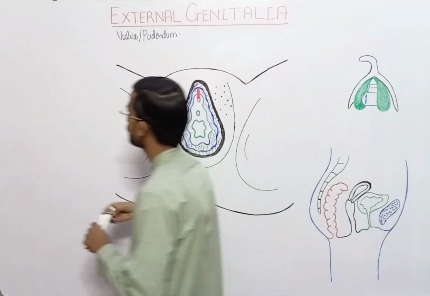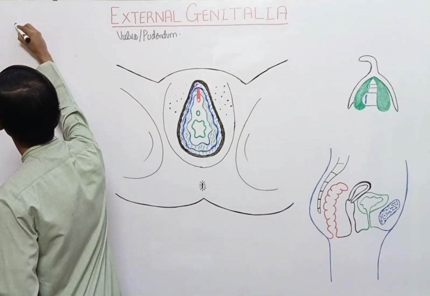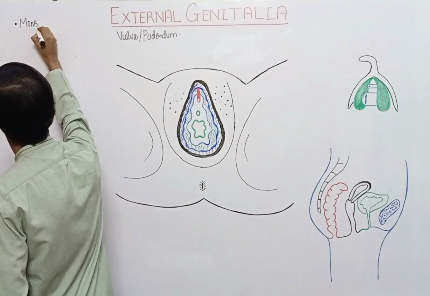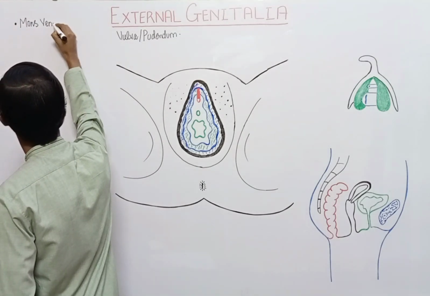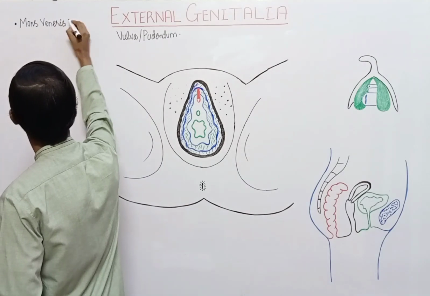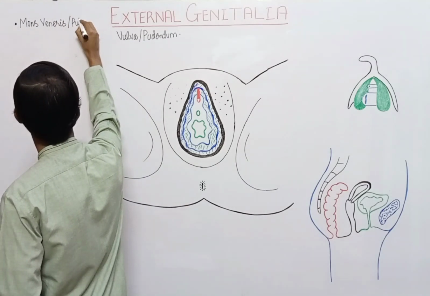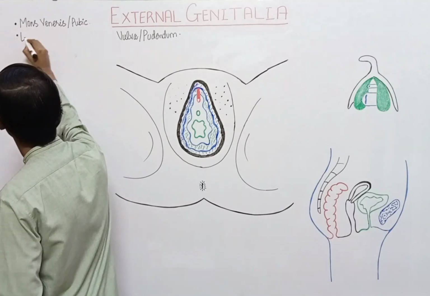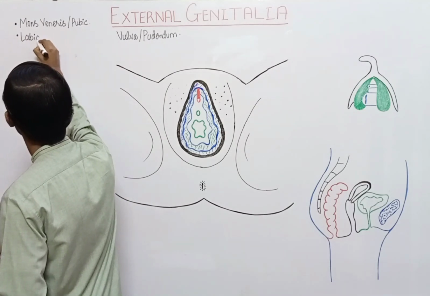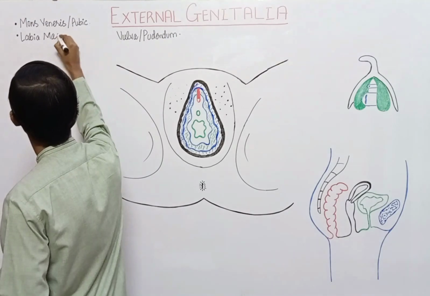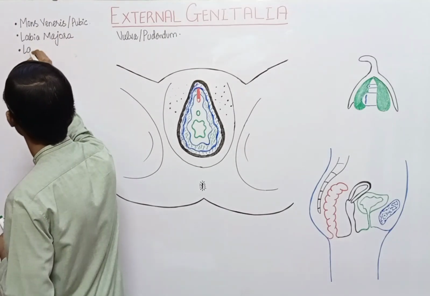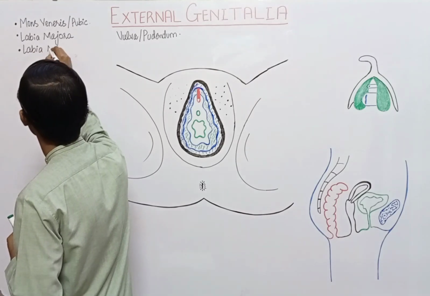The first component is the mons veneris, or pubis. Next is the labia majora. Third is the labia minora.